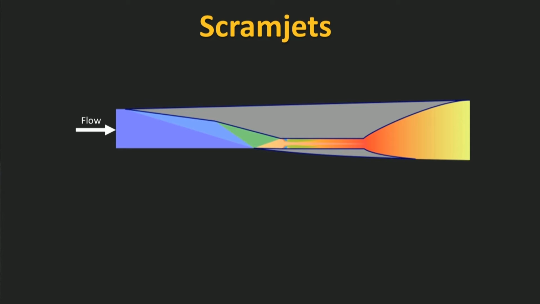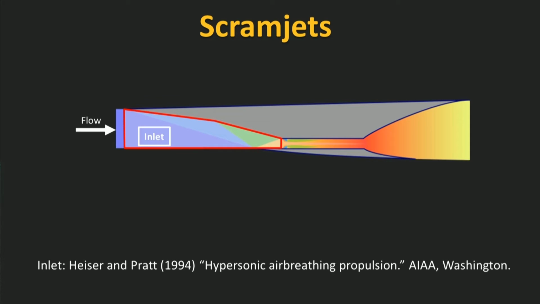The arrangement we'll use for the intake is called a mixed external and internal compression system. This arrangement is described in detail in the now classic text on scramjets, Hypersonic Air-Breathing Propulsion, by Heiser and Pratt. It's published by the American Institute of Aeronautics and Astronautics.